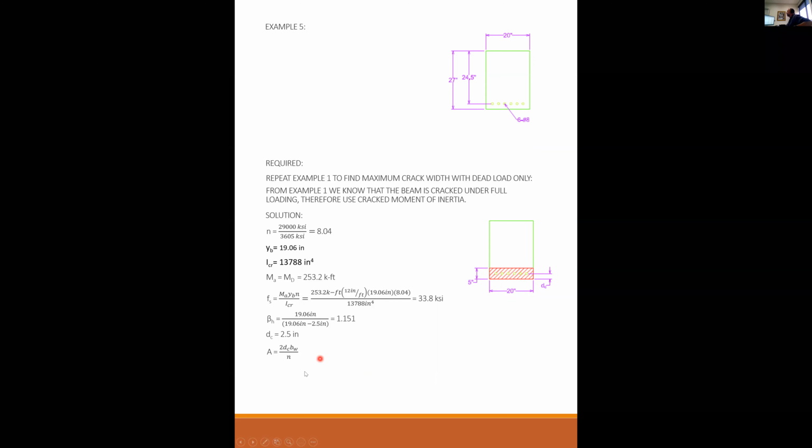So that gives us, and what I did here is the steel is D sub C up 2.5 inches. So A is twice that. So I have 2 times D sub C times the width of the beam over N. I'm sorry, I used N twice, didn't I? N is the modular ratio here.